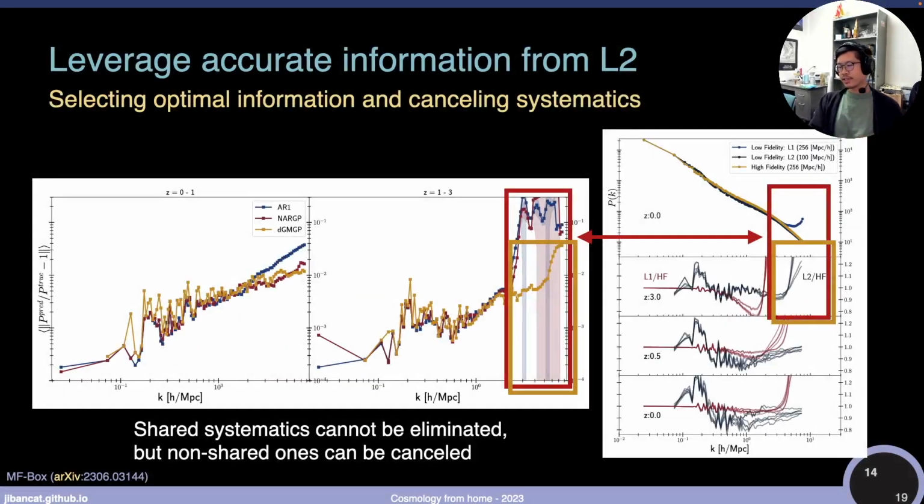Another interesting feature in MFBox is that we can leverage the accurate information from L2 to improve or cancel out the systematics in the L1. If you think about it, because you're running low-quality simulations, there might be some systematics. So this is a good demo here.